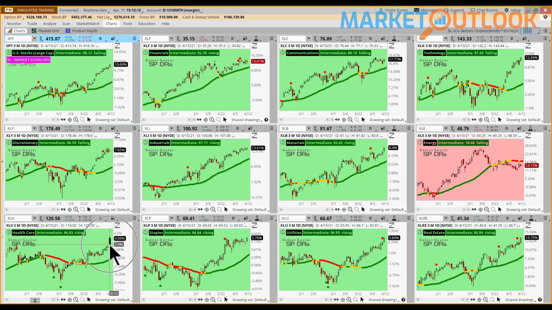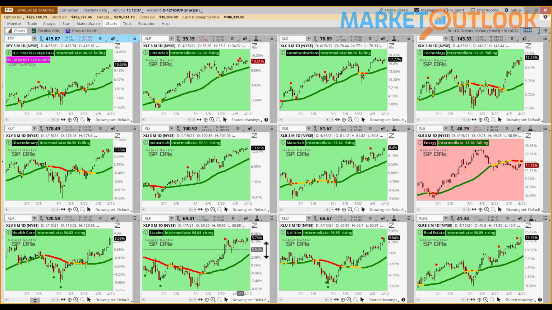This was a beautiful looking candle over here, easily getting up and over that previous neckline from back in late January. So great sign there for healthcare. It's still got a bit of work to do on a relative basis to get up to some of the more strong sectors, but a reversal needs to start somewhere, and that's a great example of one of those reversals right here in real time.